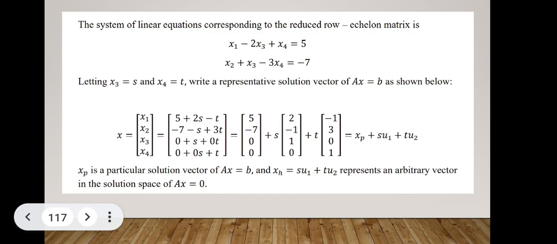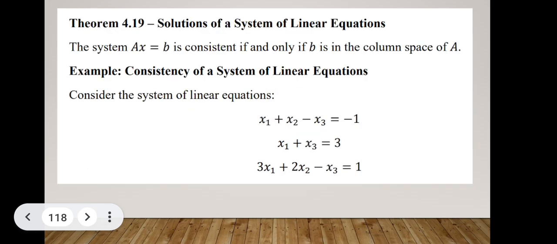And that is equal to x sub p plus s u1 plus t u2. x sub p is a particular solution vector of Ax = b, and x sub h = s u1 + t u2 represents an arbitrary vector in the solution space of Ax = 0. So in Theorem 4.19, that is the solutions of a system of linear equations.